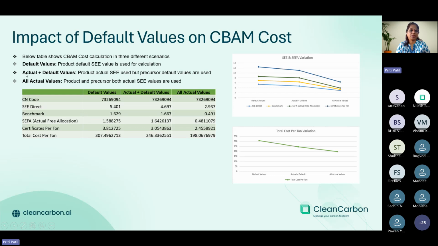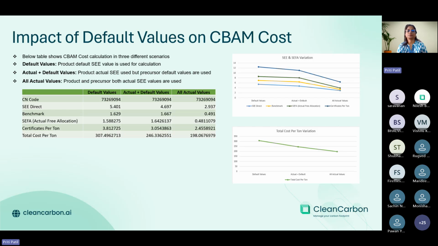Then the next column is for the actual plus default values combination, where the product's actual SE is available, because as a manufacturer, you are calculating your own SE values. You have your CBAM report, but you have not got any CBAM report and SE declarations from your supplier.